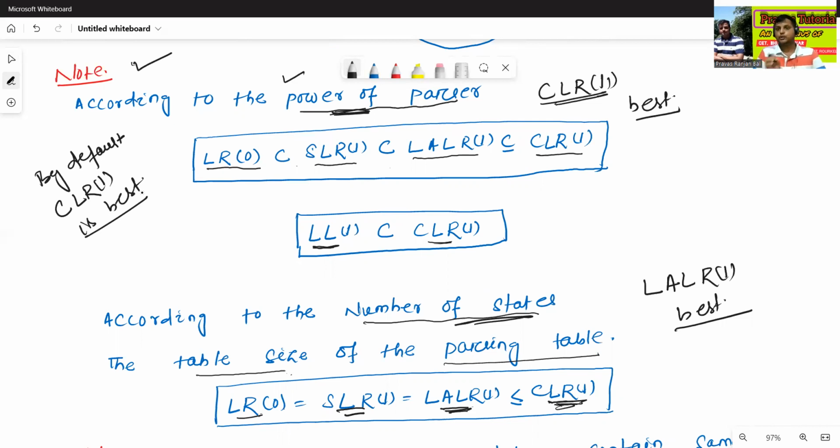But I can also explain, according to the power of parser, CLR1 parser is best. According to the number of states, or the table size, LALR1 parser is best. So by default, CLR1 parser is always the best parser, right?